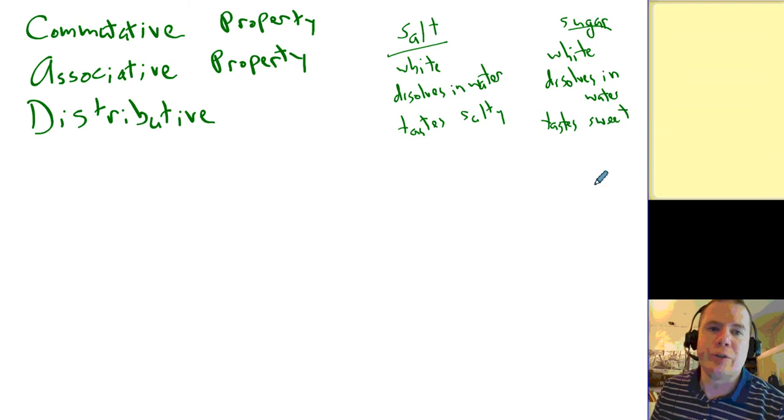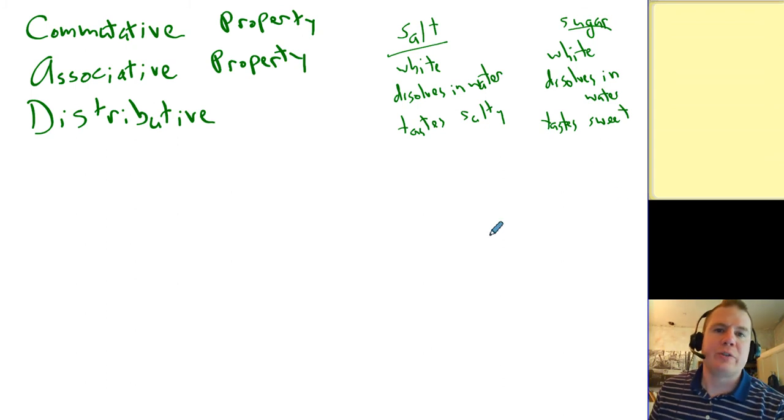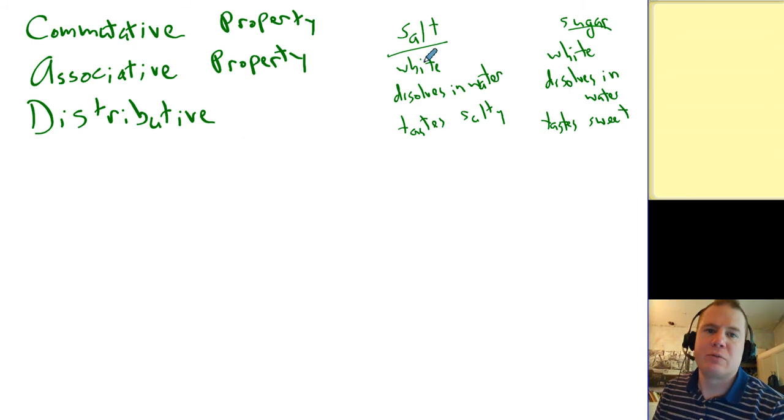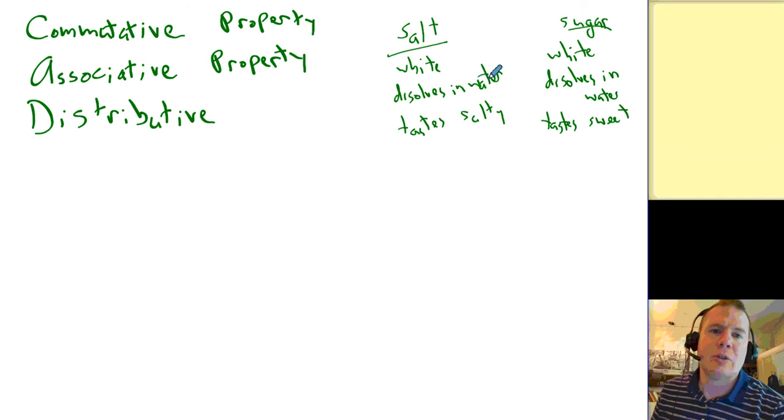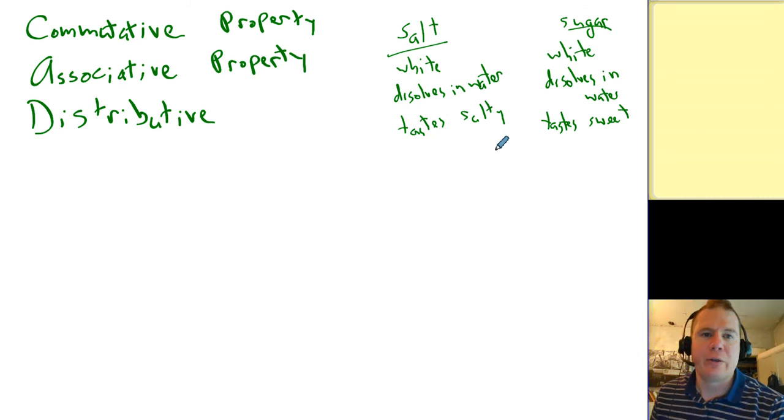And you can look at white latex paint and say, okay, well, latex paint, if it's white, it's white. Latex paint does not dissolve in water. Well, I guess latex is water-based. Oil paint does not dissolve in water. I don't know what latex paint or oil paint tastes like, but I don't advise you to find out either.